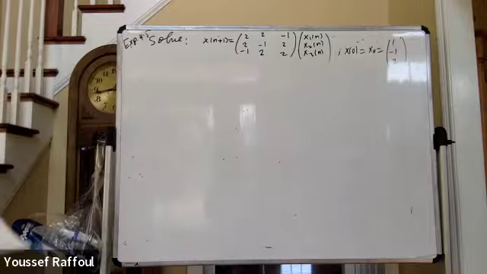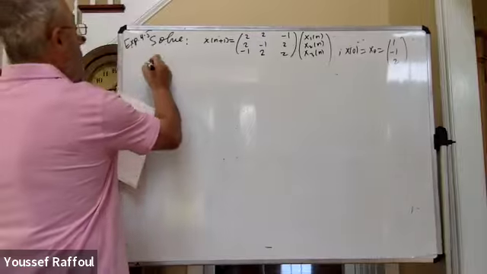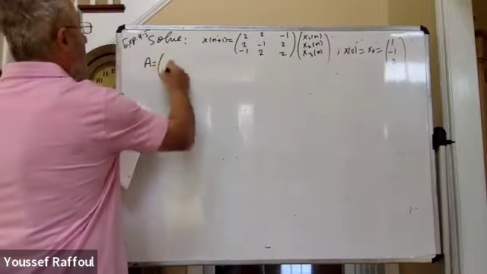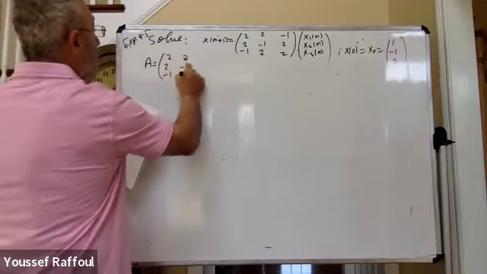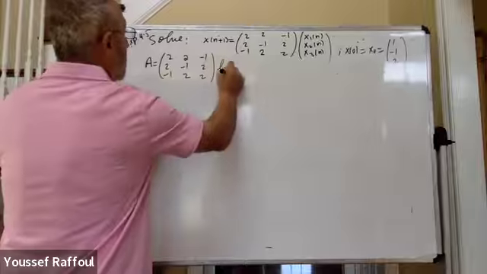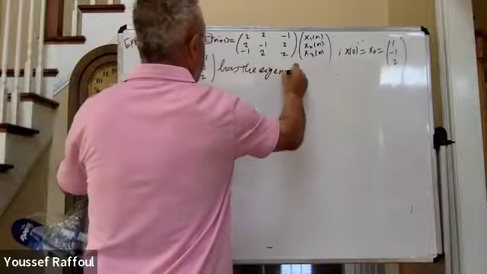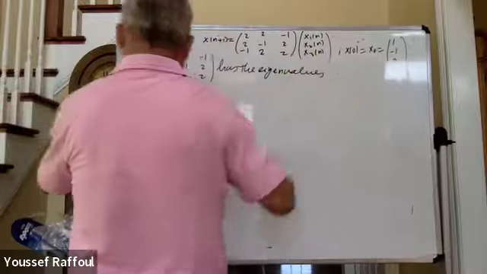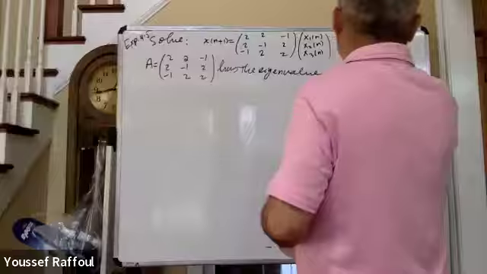This is going to be a long example. So the eigenvalues of A, the matrix 2, minus 1, 2; minus 1, 2, minus 1; 2, 2, 2, are 3, 3, and minus 3.